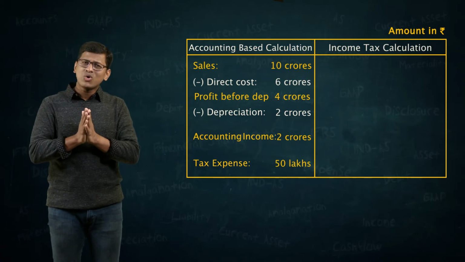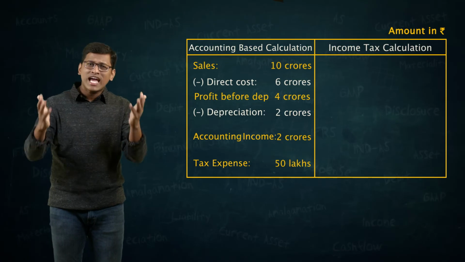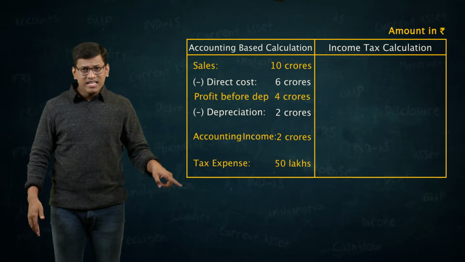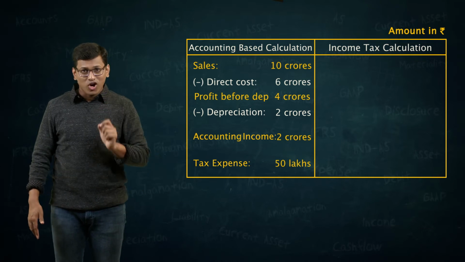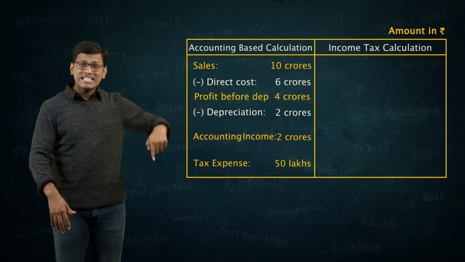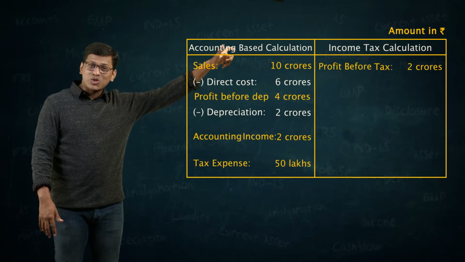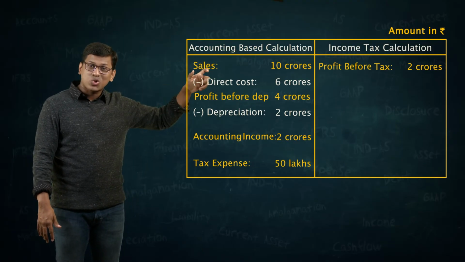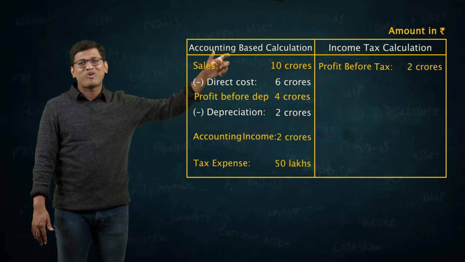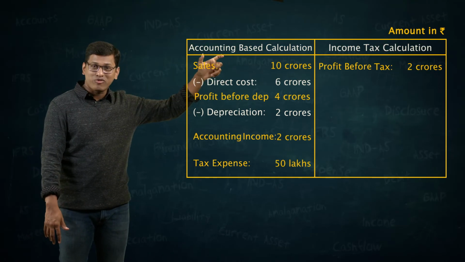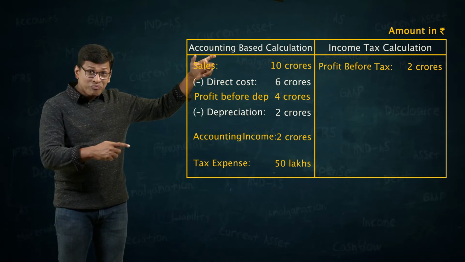Fantastic. Now, how does the income tax calculation work? Profit before tax what we had here is 2 crores. As we all know, in income tax, this 2 crores is the logical beginning point. So this 2 crores, profit before tax, that's the logical beginning point for income tax calculation. Then what do we do?